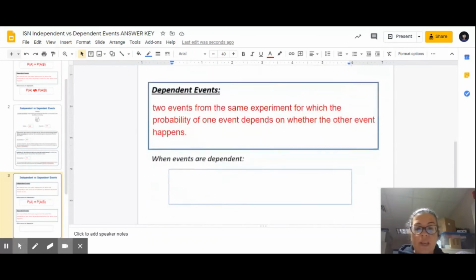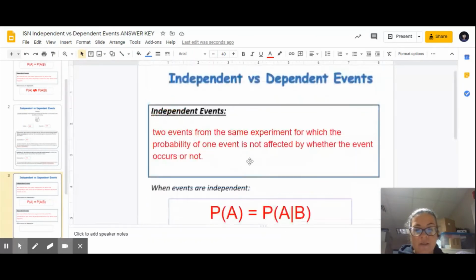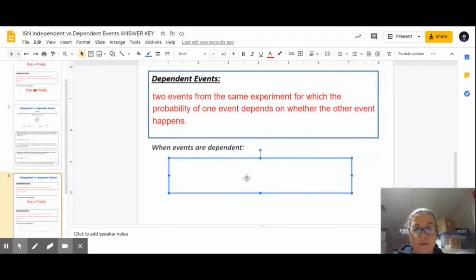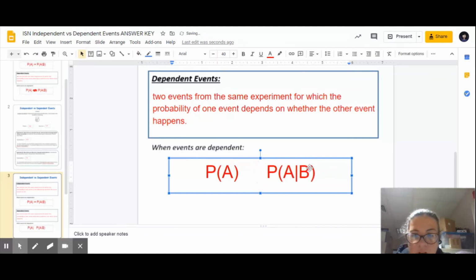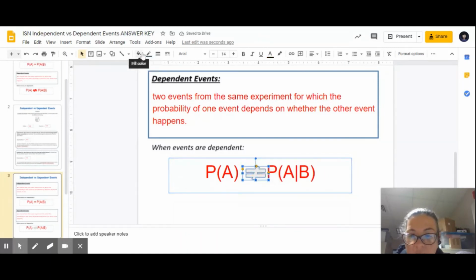So when I look down here at our dependent events, we're going to fill in a very similar idea, except in this case, the probability of A is not going to be equal to the probability of A given B happening. And the not equal to sign, we're going to have to use a little shape here. We're going to go up to the Shapes tab, click on this. We're going to go down to Equations, and we're going to choose this not equal to. I'm going to slide this in between here. If you want, you can even change the fill color to be red so it matches the wording.